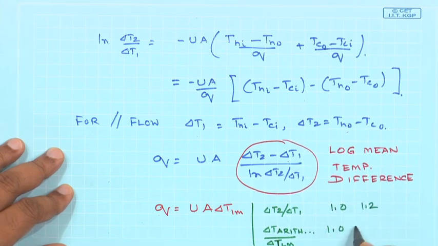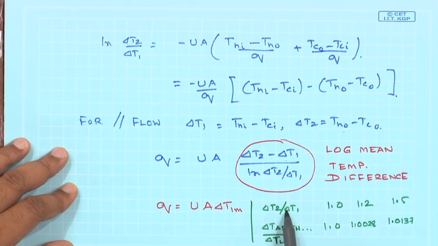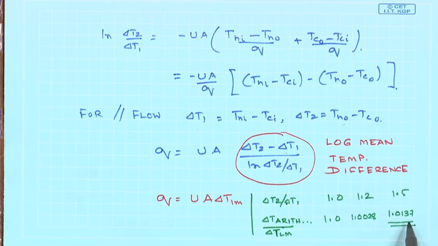When it is 1.2, this is 1.0028, but when it is 1.5, it starts to affect your results, and with increase in this ratio of delta T 2 by delta T 1, the departure of delta T arithmetic from delta T L M starts to become significant.